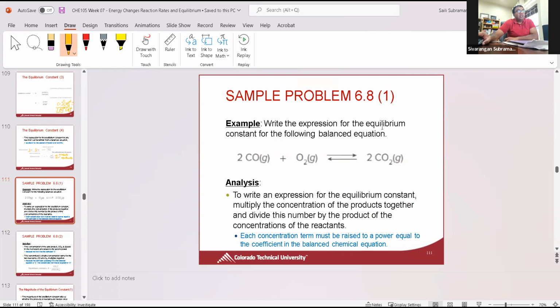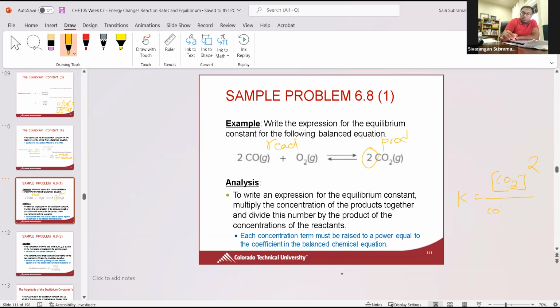So write the expression for the equilibrium constant for the following balanced reaction. You can always make sure that the reaction is balanced. So 2 times CO plus oxygen gives you 2 times CO2. So the equilibrium constant K is nothing but the concentration of CO2, in square brackets, raised to the power 2 because of this coefficient 2, or 2 moles. Divide that by the concentration of the reactants. So this is the reactants, this is the products.